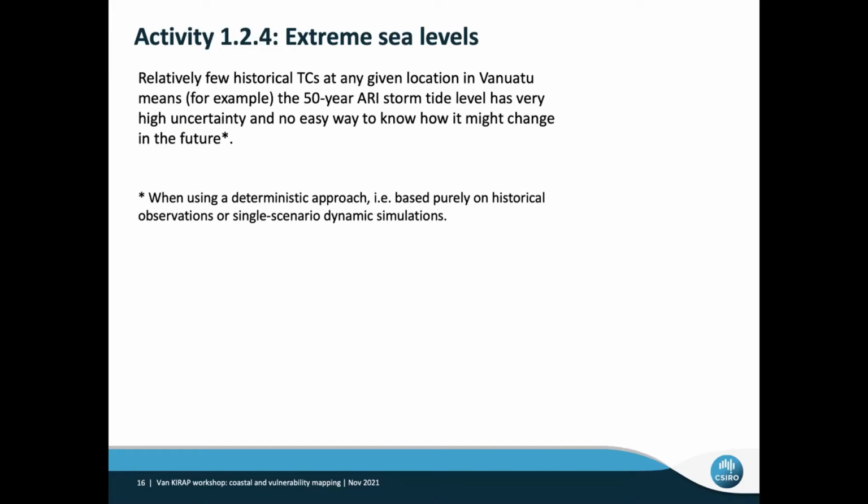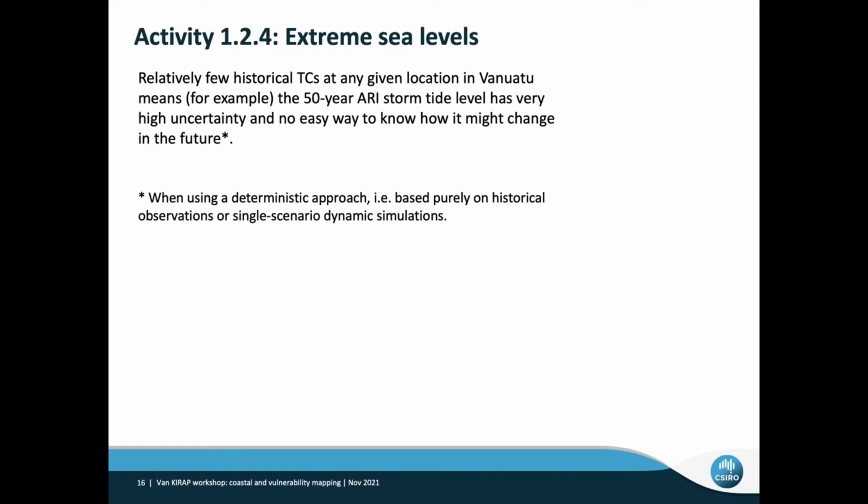So to get back into the synthetic cyclones and the stochastic processes I was mentioning, this statement at the top of this slide was on my last caveats slide of my last presentation in this workshop. And that is, again, despite the fact that Vanuatu as a country experiences tropical cyclones quite often, sometimes several times a year, any particular location within Vanuatu will only see severe impacts from a tropical cyclone typically every 10 years or so.